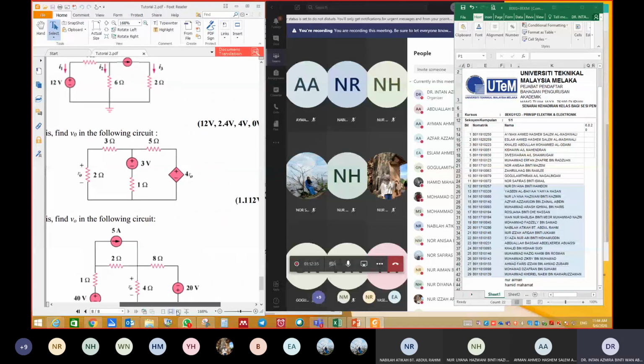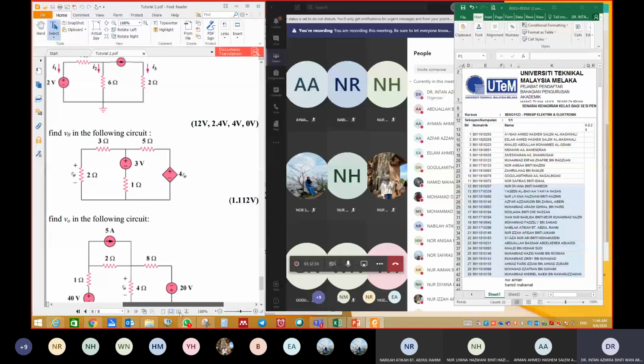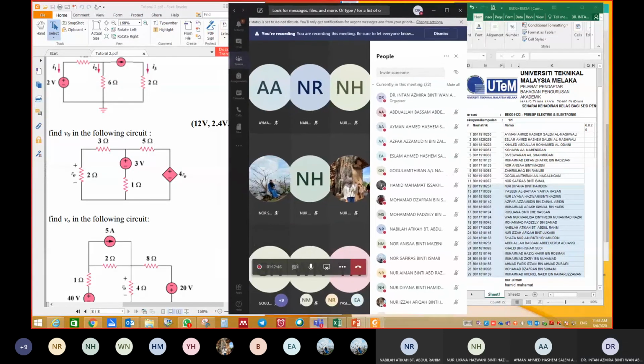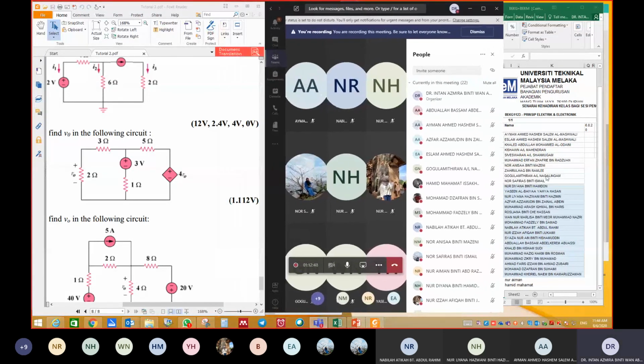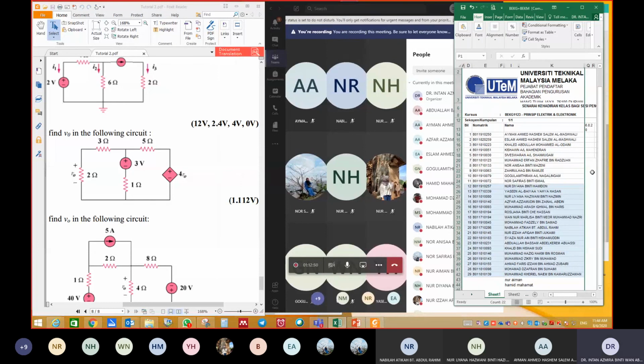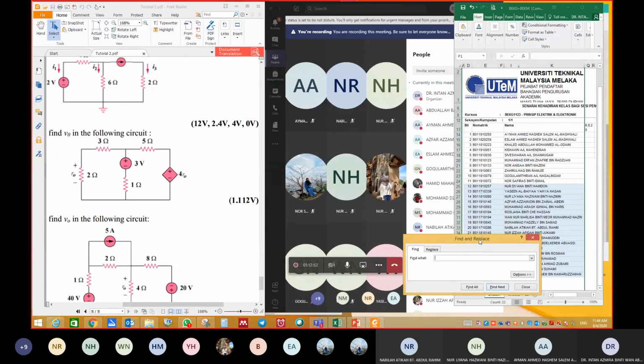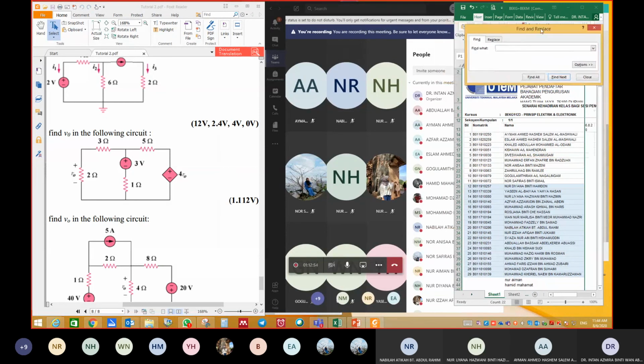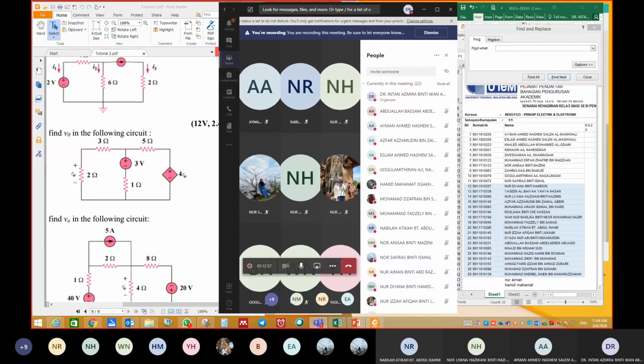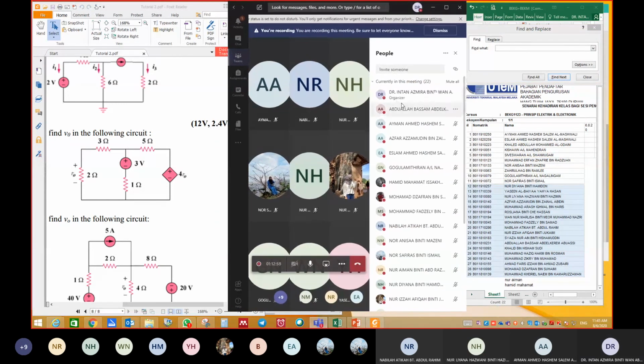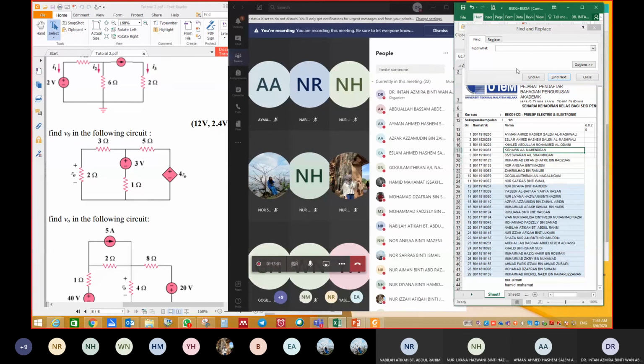Number 32. Find V naught by using mesh analysis. The answer is this.